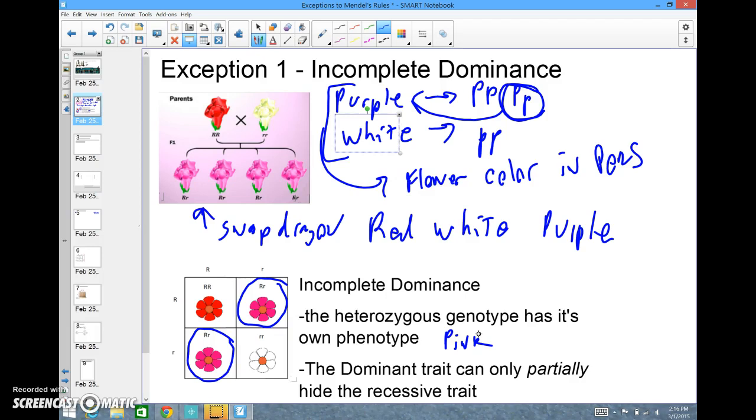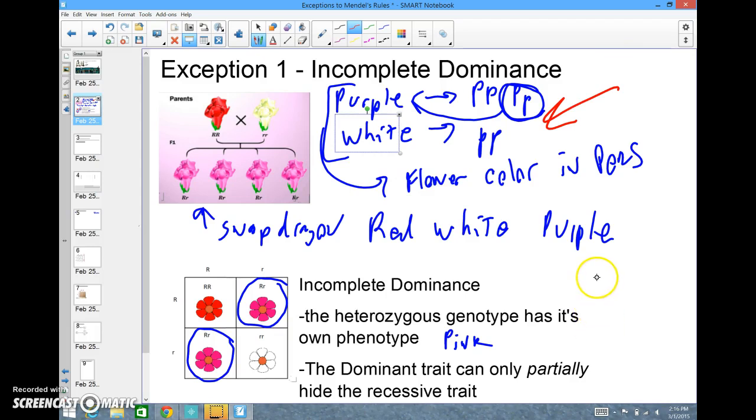The reason this happens is because on a biochemical level, the secretion of proteins and enzymes that is leading to the color in the flowers, up here in the pea plants, the purple is all that shows up biochemically.